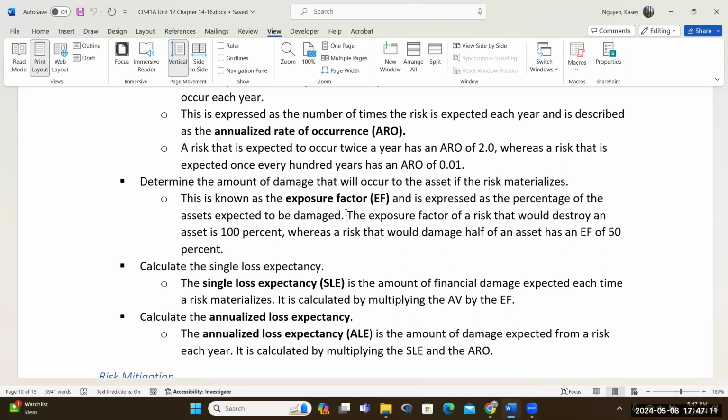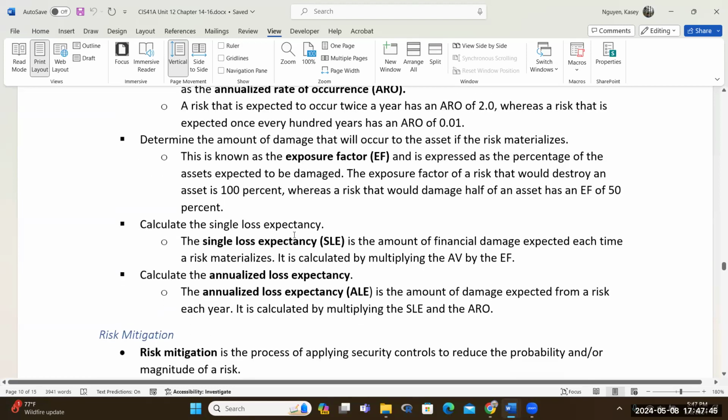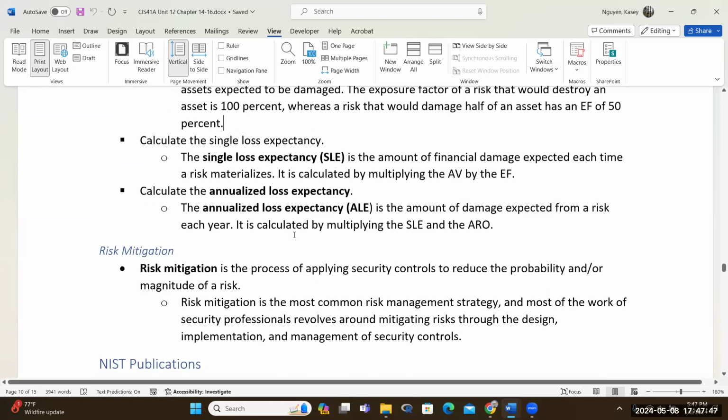Some car accidents are 100% damage. Some car accidents are only 25% damage. And so the exposure factor for us is really telling us how the risk could destroy the asset at different levels. So if you have ransomware, likely 100% exposure factor, okay? Because it locks everything. Now, if you have other types of malware, it would be more of a fraction compared to 100%. So it gives you the definition for each of these.